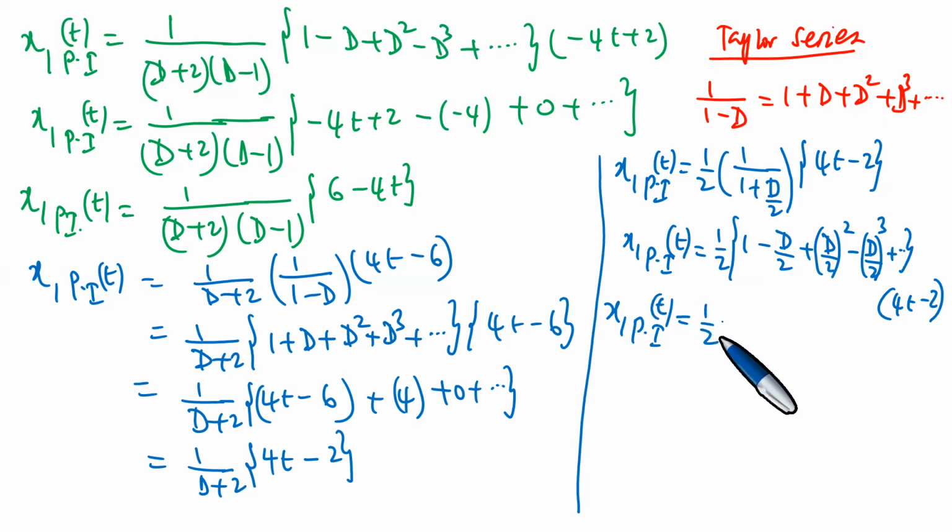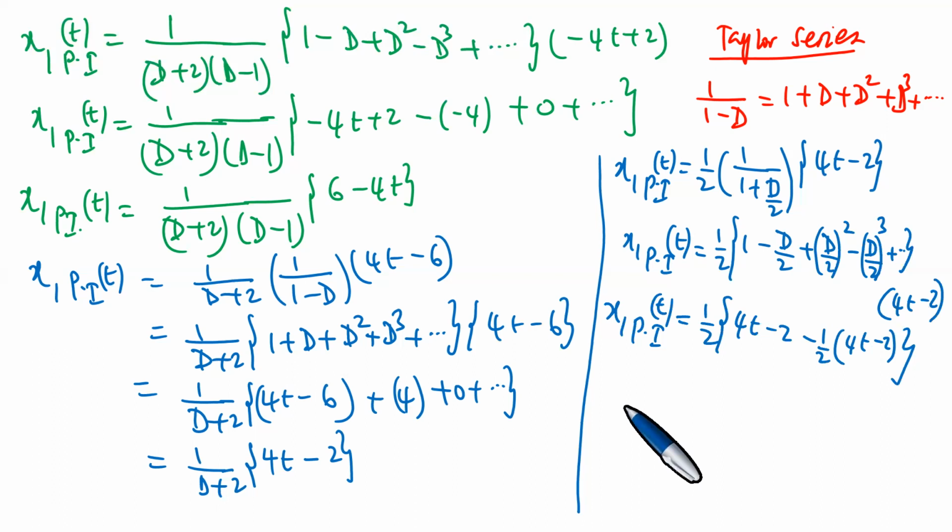So it is 1/2. Okay, multiply this by that, which is 4t minus 2. Then here you have minus 1/2. The first derivative is 4t minus 2. We saw that the second derivative of this is going to be 0, so can close. Okay.